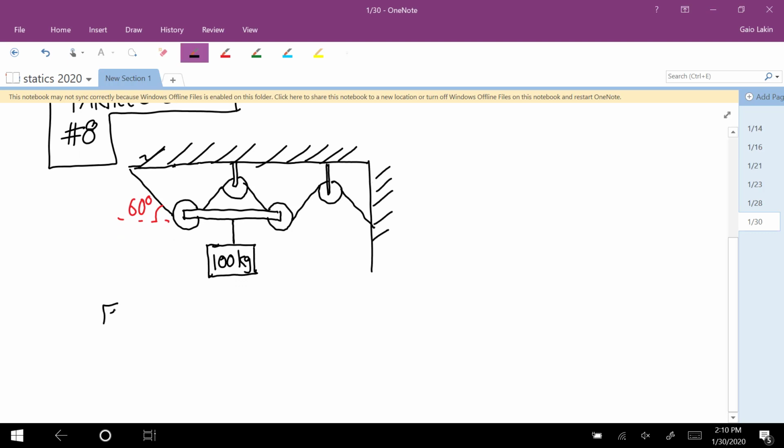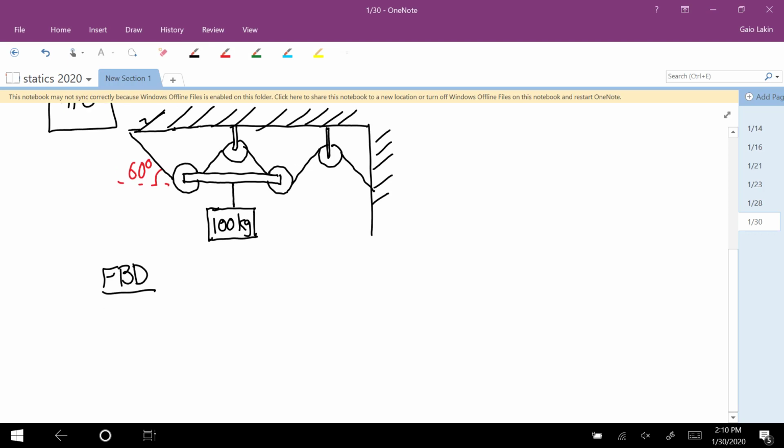So the free body diagram I'm going to draw is all of the stuff that's hanging, all the stuff that would crash to the ground if that cable were taken away. So it's like that.